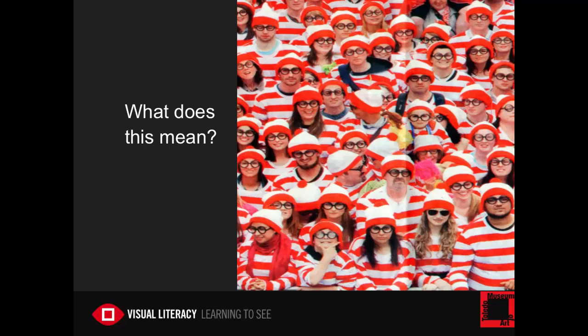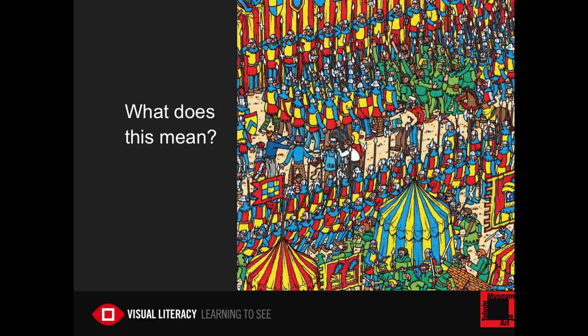So, what does this mean? Looking at this image, you see these young people all dressed in red and white striped outfits. Some of you will know Where's Waldo or Where's Wally, a game where you search for the Waldo or Wally that's different from all the others. So what does this mean? Well, if you're a focal point learner, if you're somebody who's been trained on ABC 1, 2, 3, with focal point perspective, you'll probably train your eye to look all around this image.